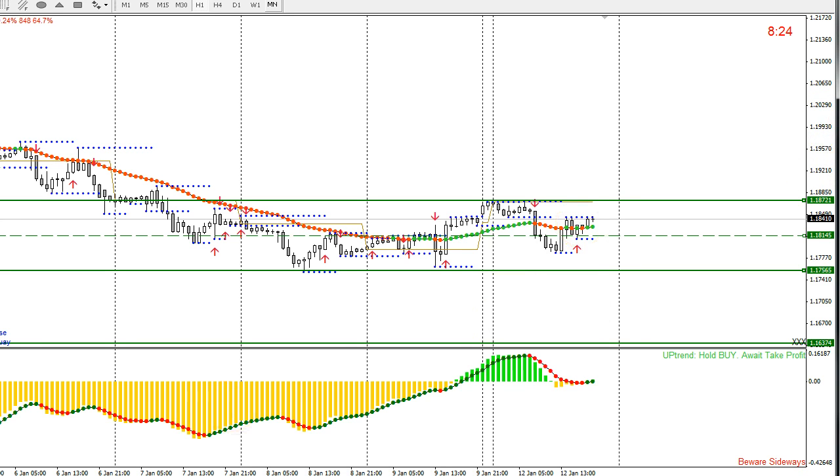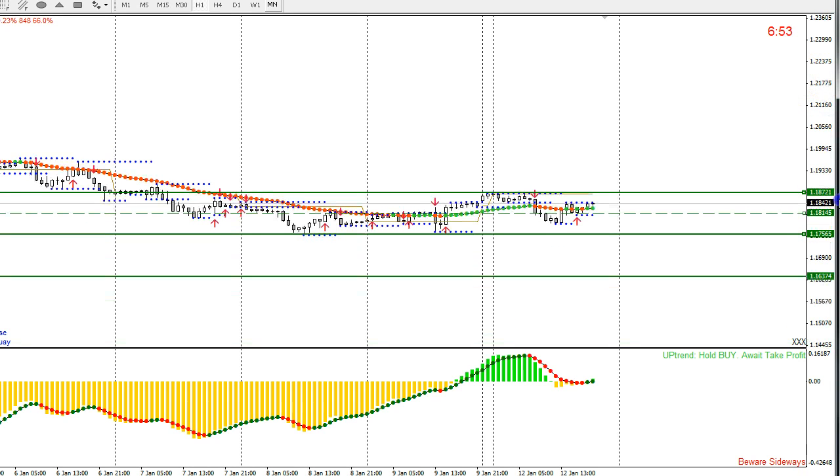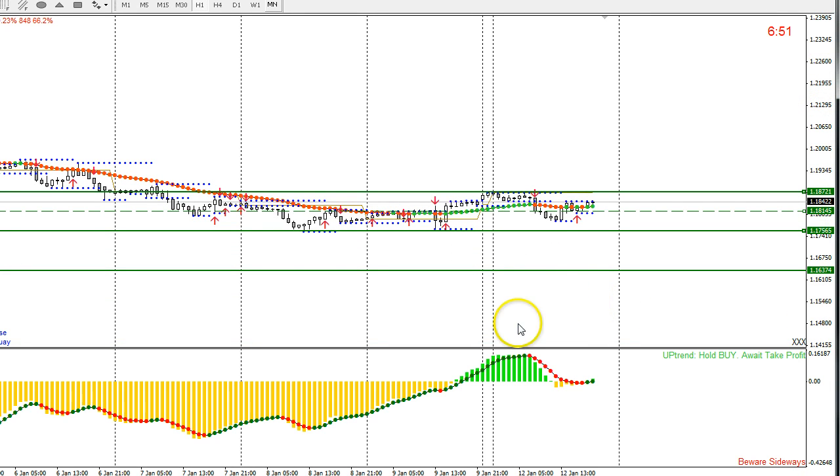Okay, as far as take profit, the take profit is the same as when we talked about the daily chart, at least 150 pip down plus. So we'll go and look at that. Like we said, the first take profit will be here.